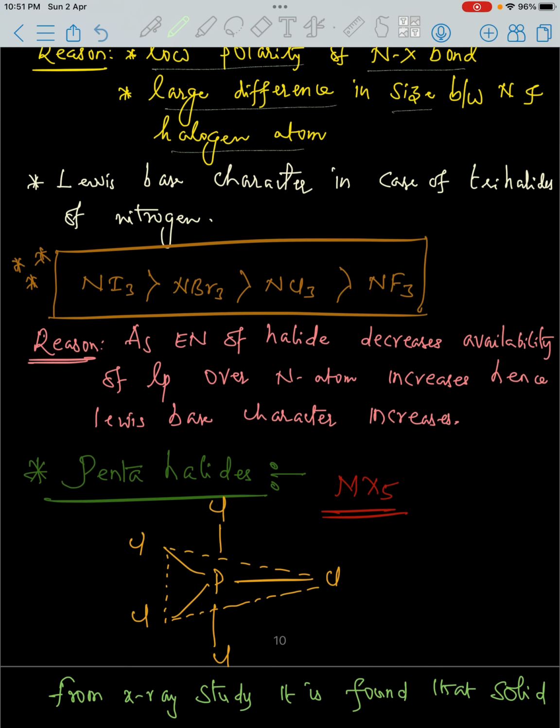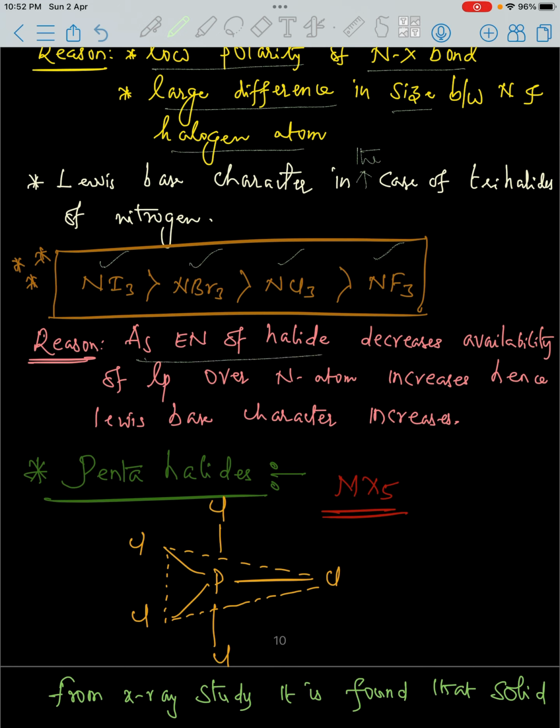Next, Lewis base character in the case of trihalides. In the case of trihalides of nitrogen, let us see. NI3 is more basic compared to NBr3, NCl3, NF3. Here fluorine is more electronegative, so it strongly attracts, and the lone pair is not easily given by the NF3 molecule. But NI3 can easily give its lone pair of electrons. That's why its basic character is more compared to NF3.